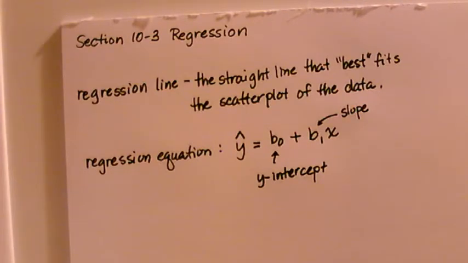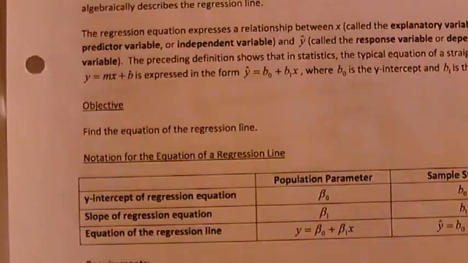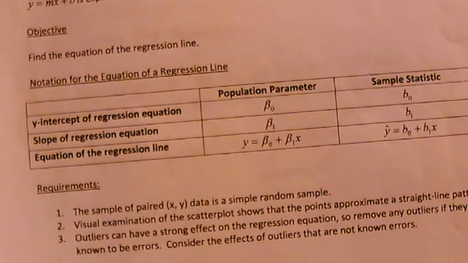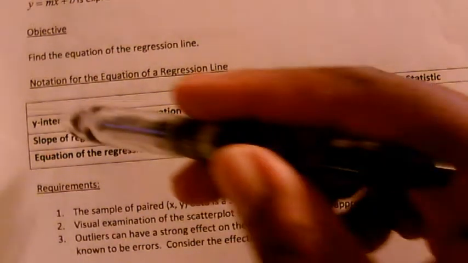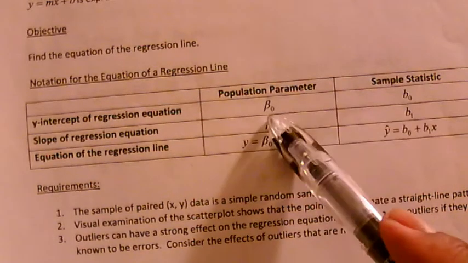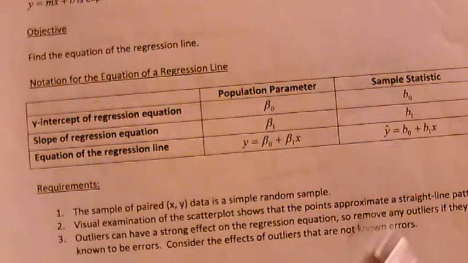Okay. Now we can use that regression equation in slope-intercept form to come up with our regression equation. But before we do that, here you can see the y-intercept of the regression equation. For a population parameter, it will be beta sub 0, but for the sample statistic, it is b sub 0.